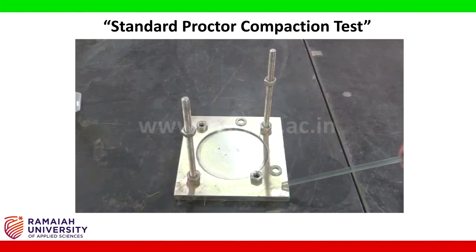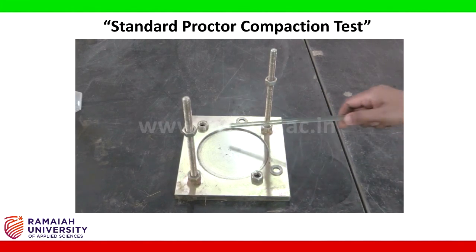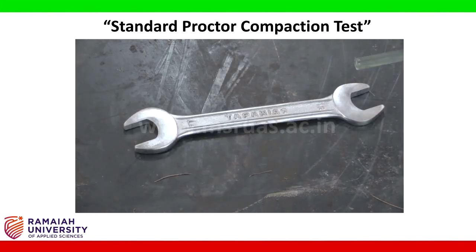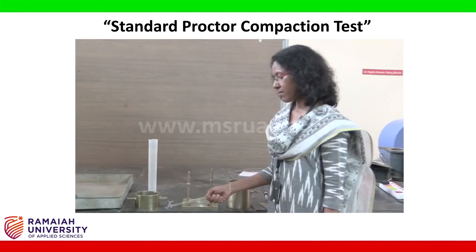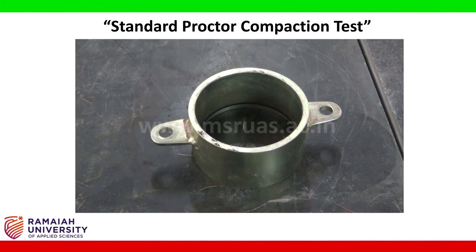Base plate: this is the base plate over which the cylindrical mold is fixed. Spanner: the spanner is used to fix the cylindrical mold and the collar with the base plate. Collar: this is the collar which is placed over the cylindrical mold while filling the mold with the sample.